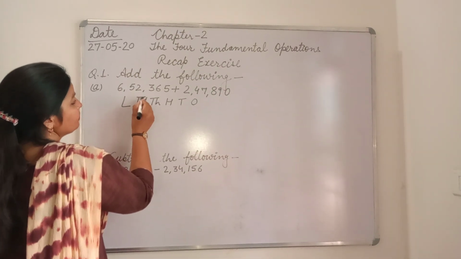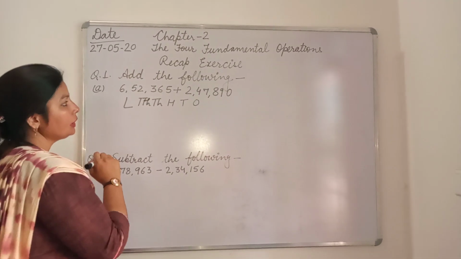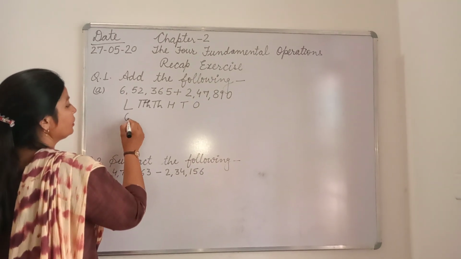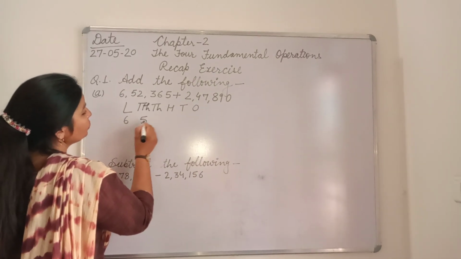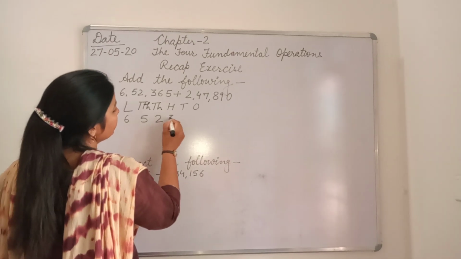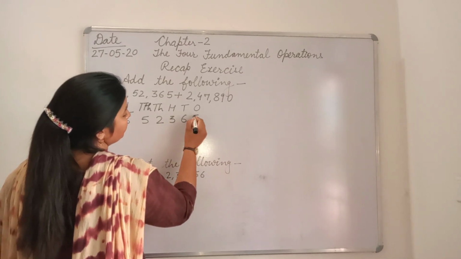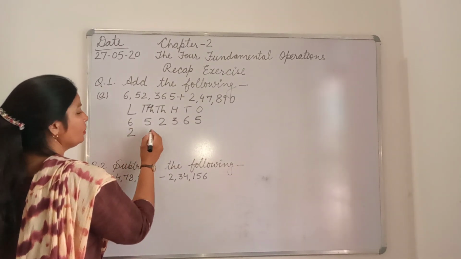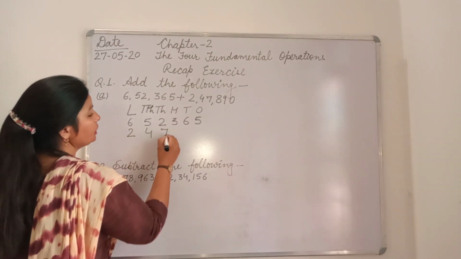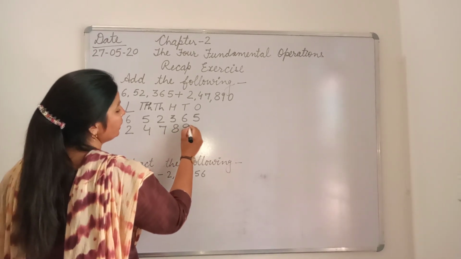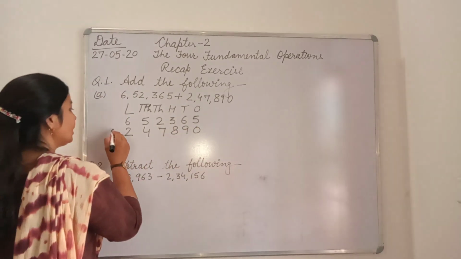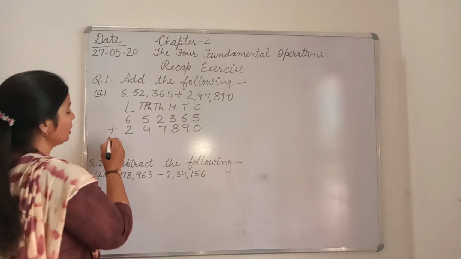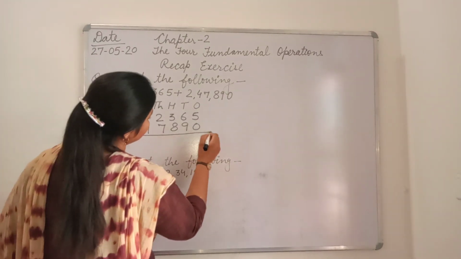The first number is 6,52,365, then plus 2,47,890. We use the plus symbol. Now we add them.